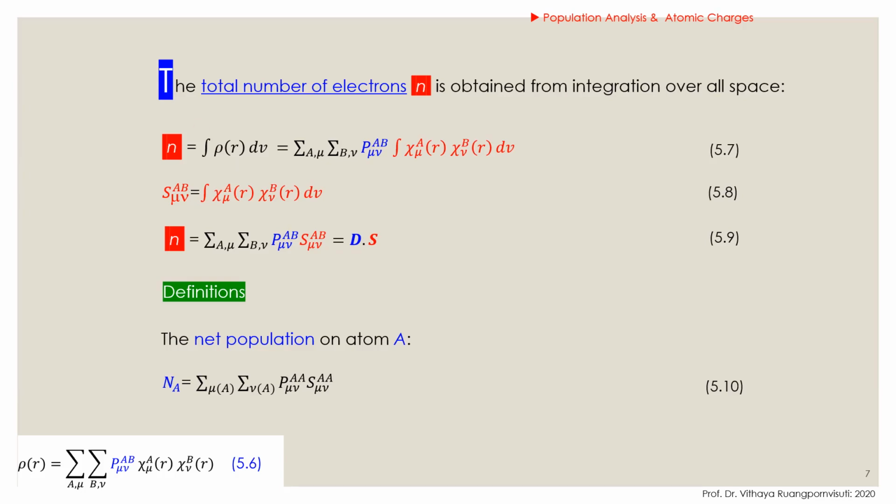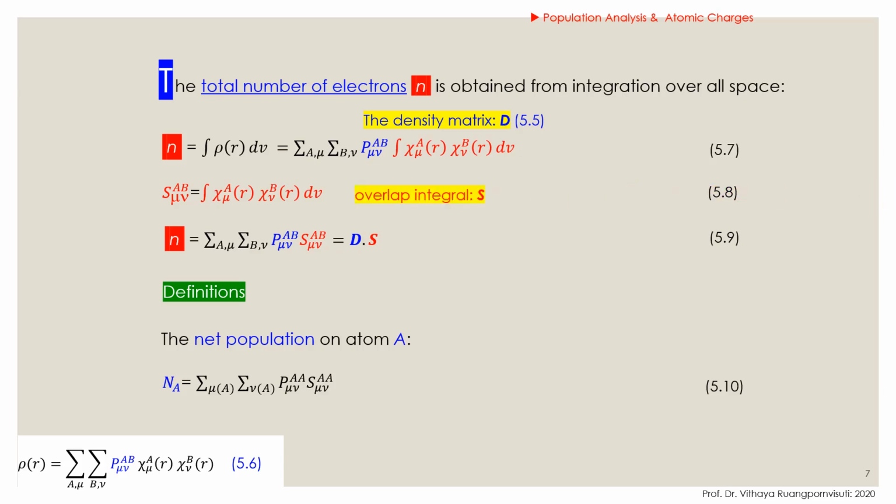The product is the summation from A mu, summation from B nu, of the density matrix D from the equation 5.5, multiplied with the integration of chi mu A(r) times chi nu B(r) dV.